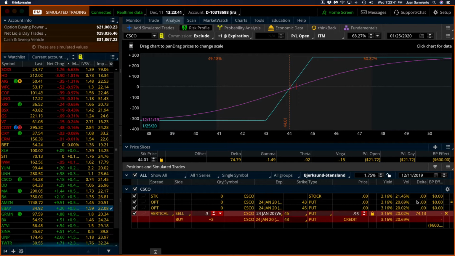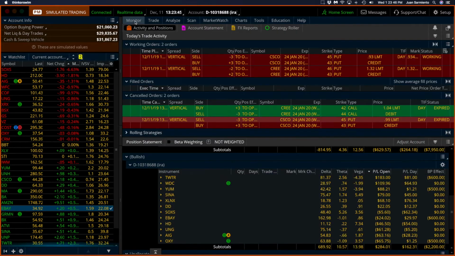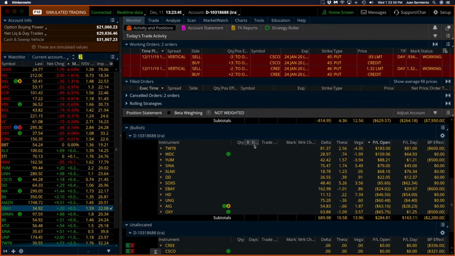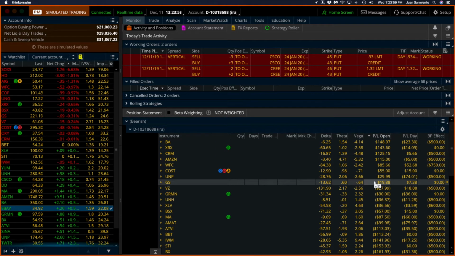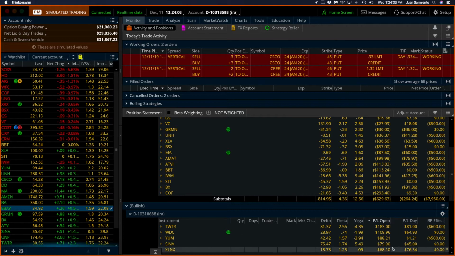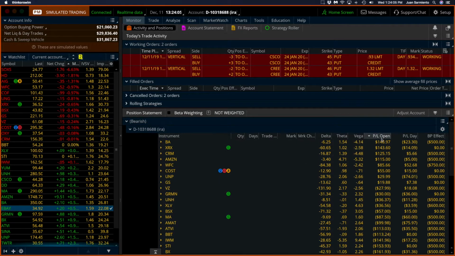Very good. Okay, I want you to look at this. Let's go to the Monitor tab, and I've been showing you how I make the decision to get out of the trades based on the P&L percentage. Well, you would like to see it here so that you see the return on the bullish trades and the bearish trades. So let's enter this here, the P&L percentage here in the front activity and positions.